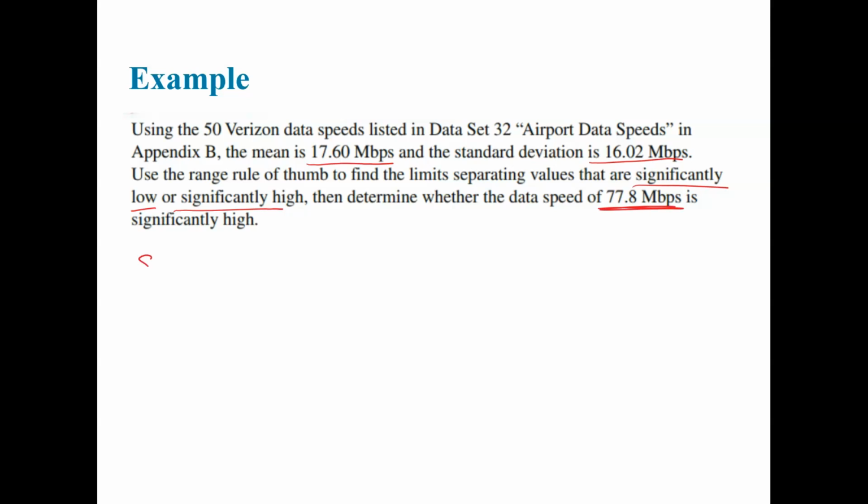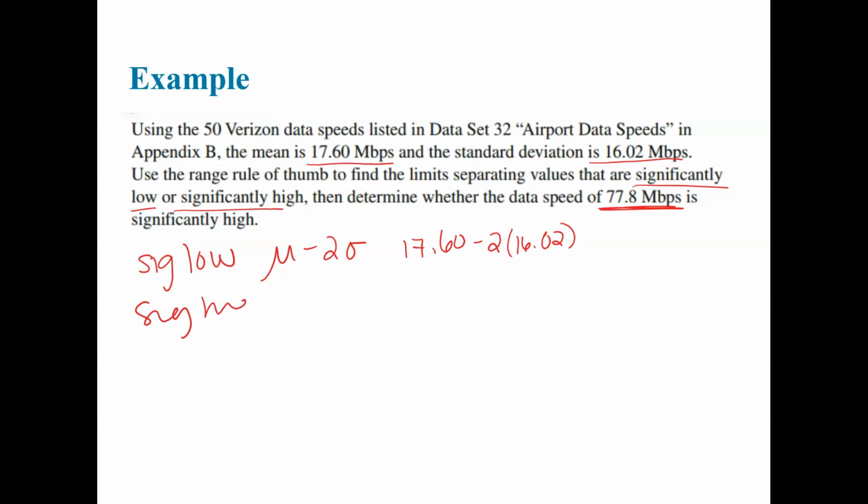So significantly low, if we go back, is the mean minus 2 standard deviations. So the mean is 17.60 minus 2 standard deviations. And significantly high is the mean plus 2 standard deviations, so 17.60 plus 2 standard deviations.